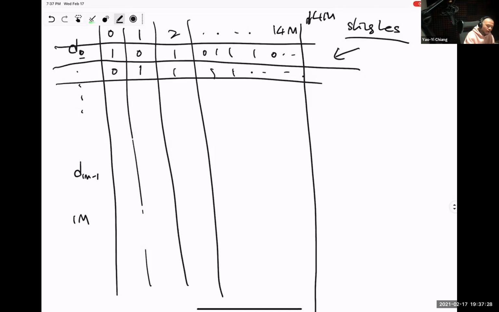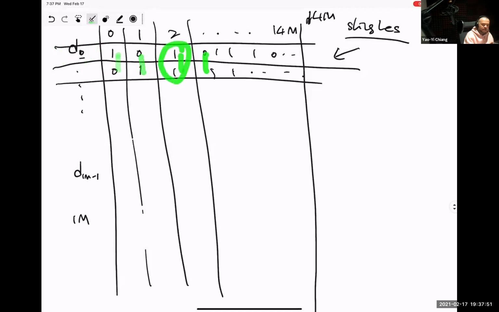And still remember, our goal is to be able to find similar documents. So to find similar documents, we have to compare documents, right? We have to compare D0 to every other document. And think about comparison between these two. To compute Jaccard similarity, we need to ask, what's the intersection? Are they the same?